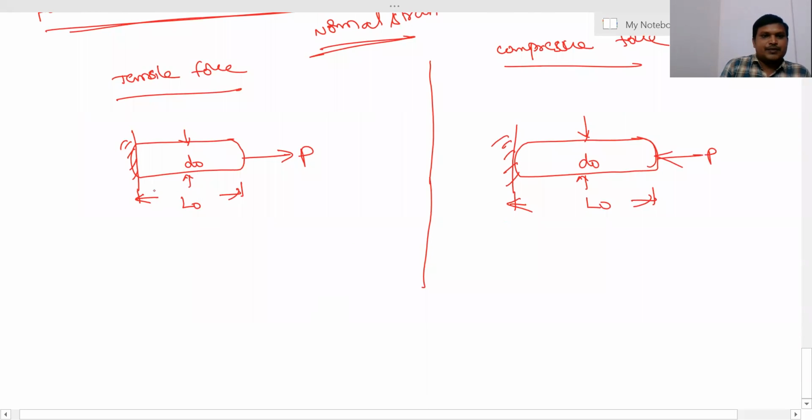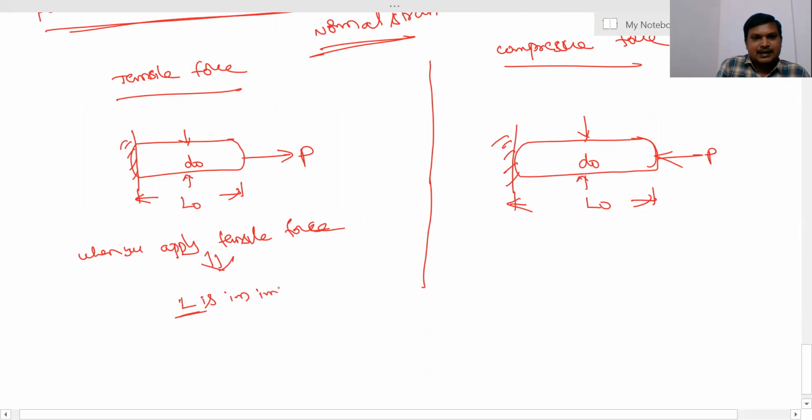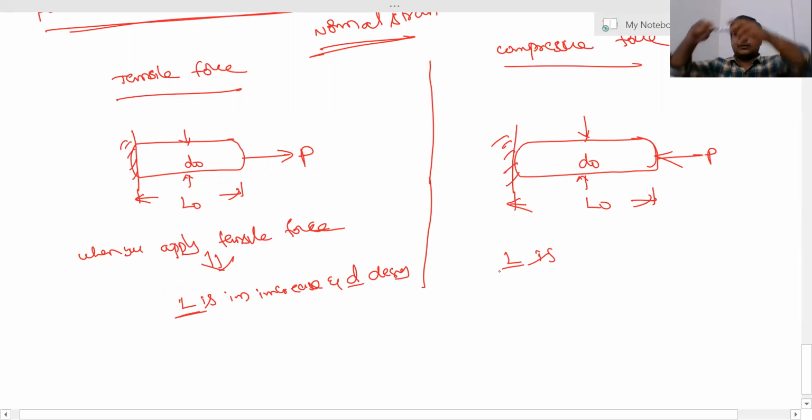When you apply the tensile force, the length increases and the diameter decreases. We know this. So length increases and diameter decreases.